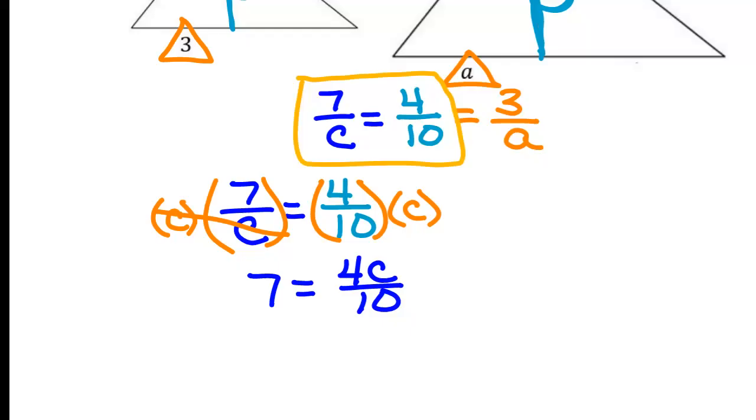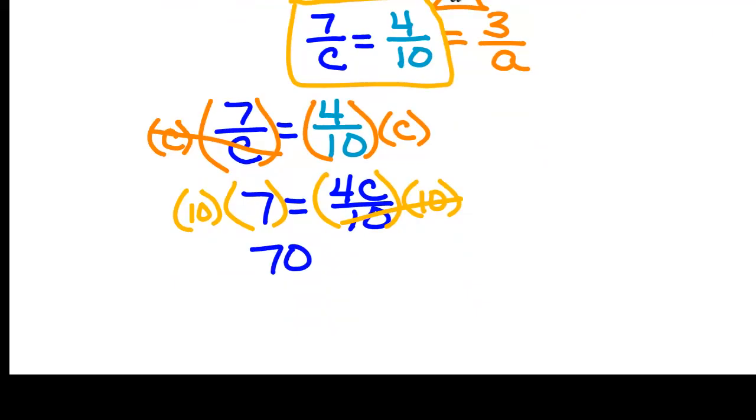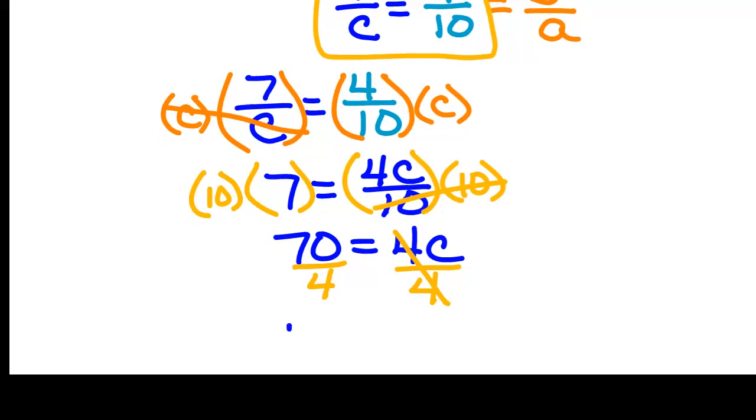Then I'm going to multiply both sides by the denominator of 10. So I would have 70 equals 4c. And then finally, dividing both sides by 4 gives me the value for c. What is 70 divided by 4? 17.5. So c is 17.5.